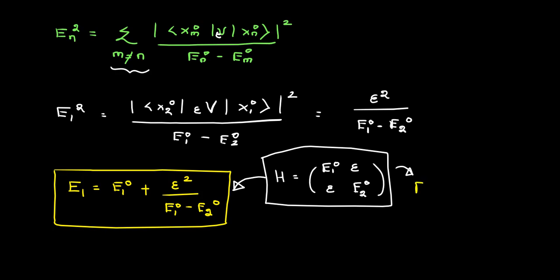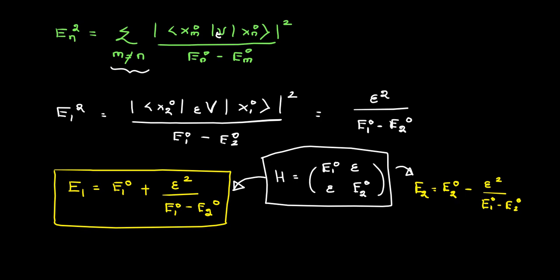So E_2 is nothing but E_2^0, which is the eigenvalue of the unperturbed state, minus epsilon squared over E_1^0 minus E_2^0. Quite interesting, right?